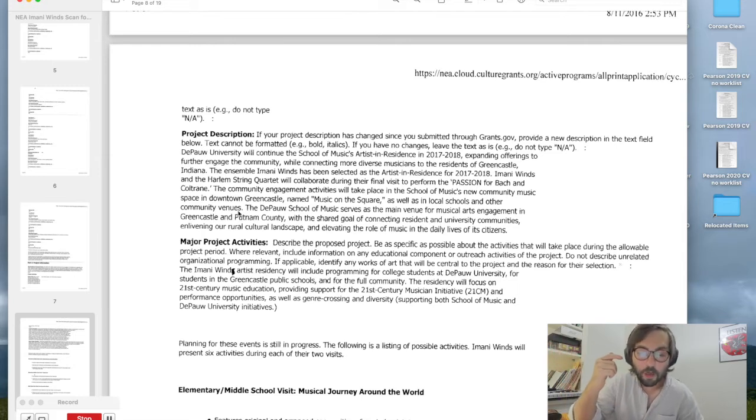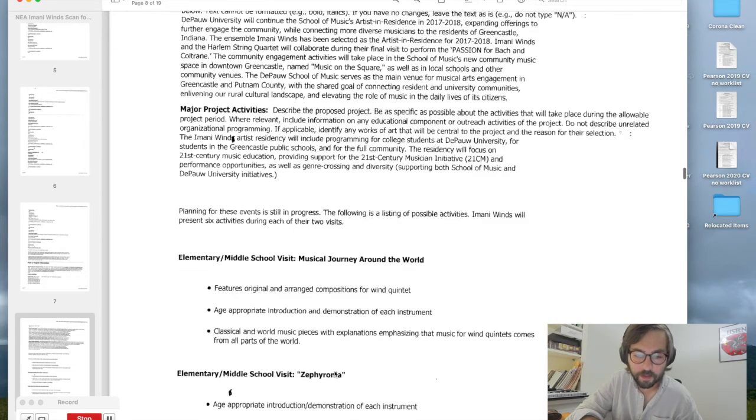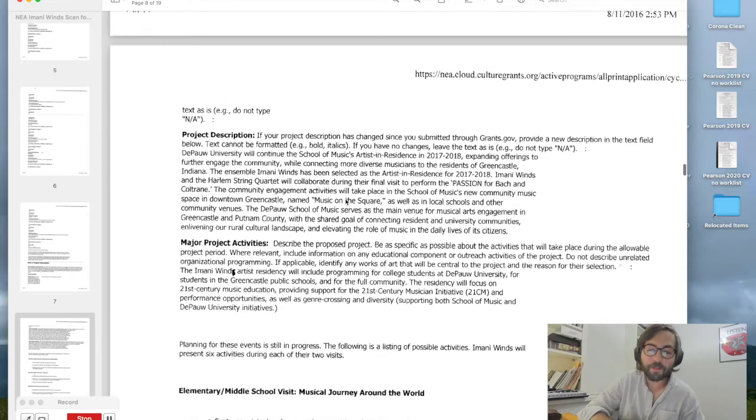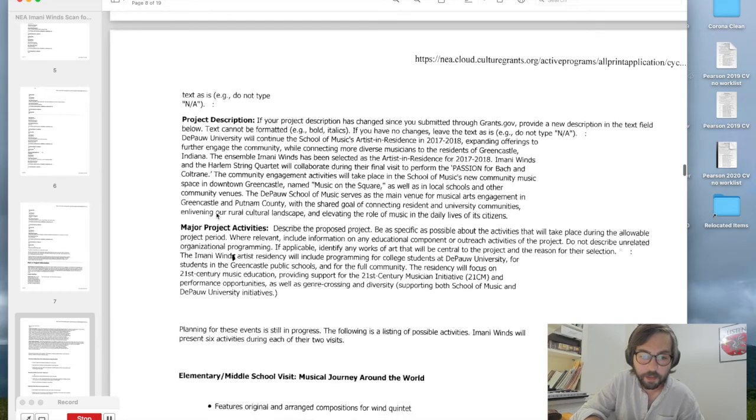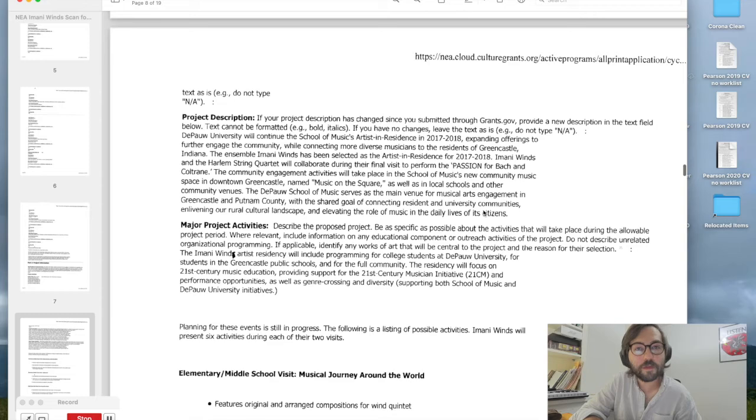And the what is this concert, as well as other activities, which are going to be way elaborated on in a second. And the why is sort of peppered throughout, connecting more diverse musicians to residents of Greencastle, enlivening rural cultural landscape, elevating the role of music in daily lives of its citizens.